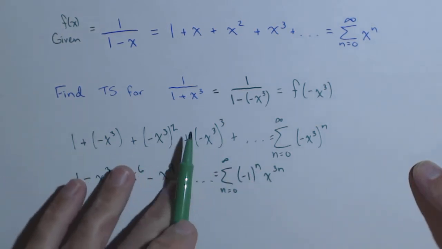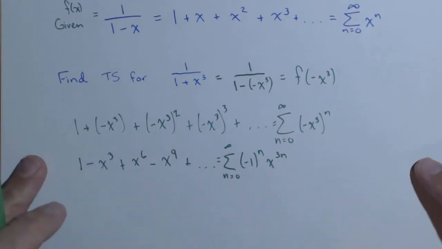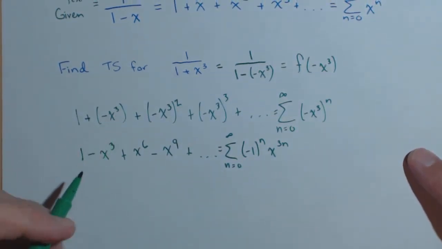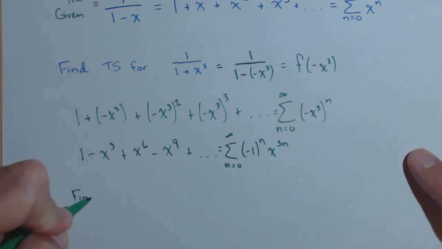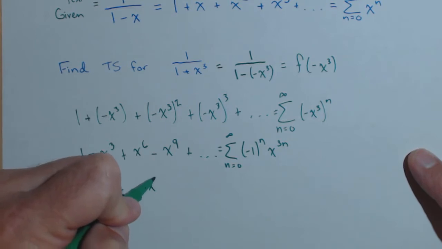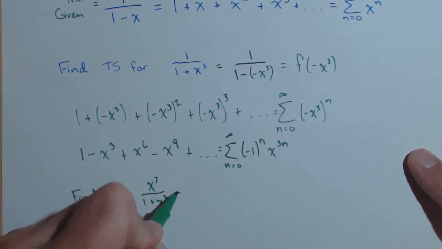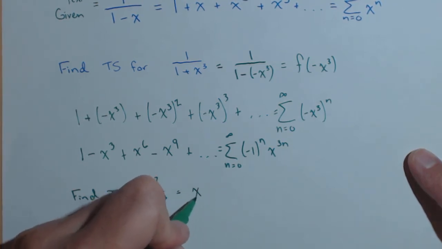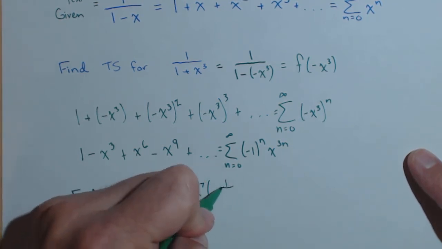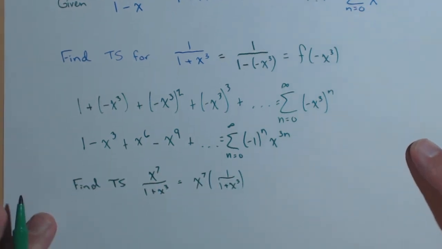So we didn't have to find the derivatives of this function. We could do it that way. Let's add on to this. What if we wanted to find the Taylor series for x to the 7th over 1 plus x cubed? Well, this is just x to the 7th times 1 over 1 plus x cubed, which we already know the expansion for.